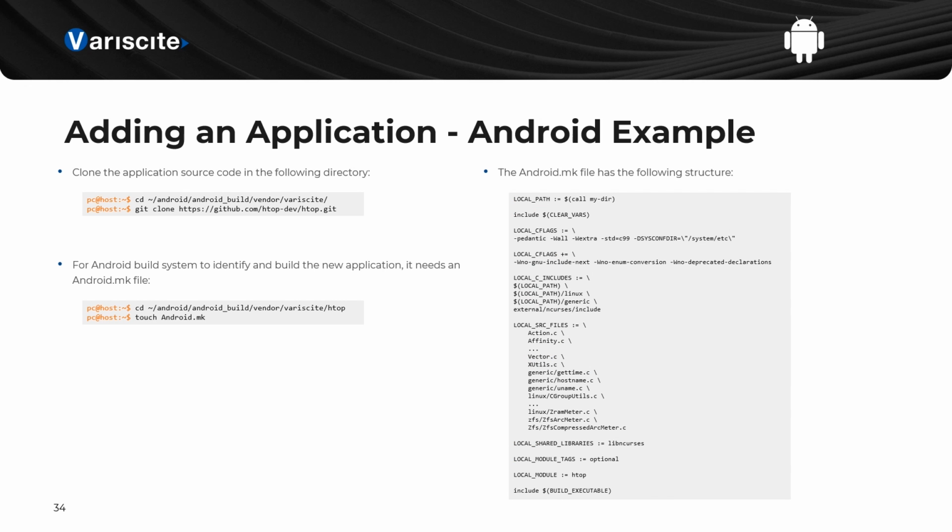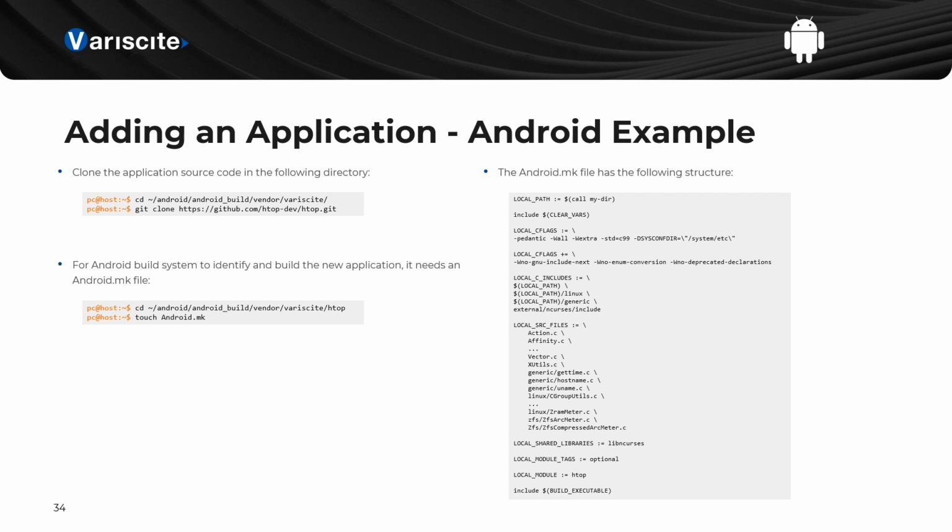After you set up your Android build environment, you can add the application. For that, you are going to need to add the source code of the application to the directory under vendor/variscite. After you clone the source code of the application, you have to create an Android.mk file inside the application directory.